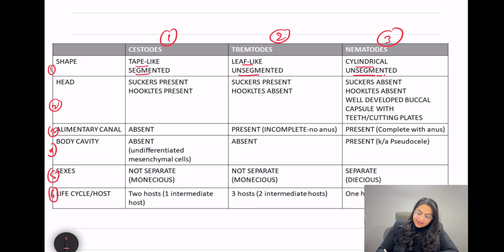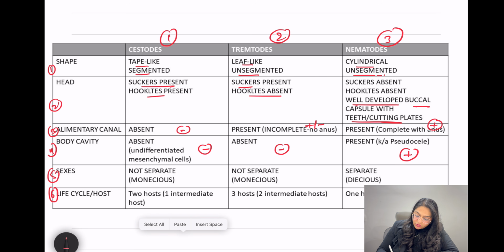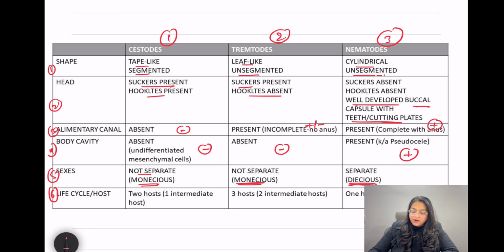Okay. Suckers and hooks. Suckers, no hooks. And well-developed buccal capsule with teeth. Alimentary canal absent, present or absent, and complete with anus. Body cavity absent, absent, present. Sexes are not separate, monoecious, not separate, monoecious, and separate or dioecious.